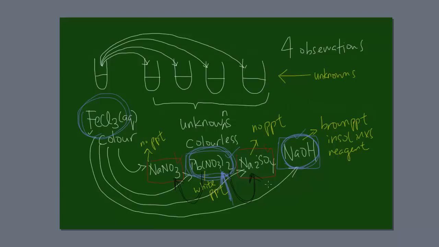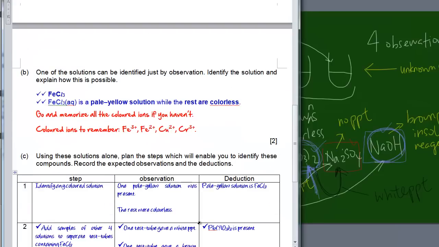And when that happens, if I mix PbNO3 with Na2SO4, I get a white PPT. And if I mix PbNO3 with NaNO3, I have no PPT. Right? So in that way, I would have distinguished everything. This is what the last part is about.